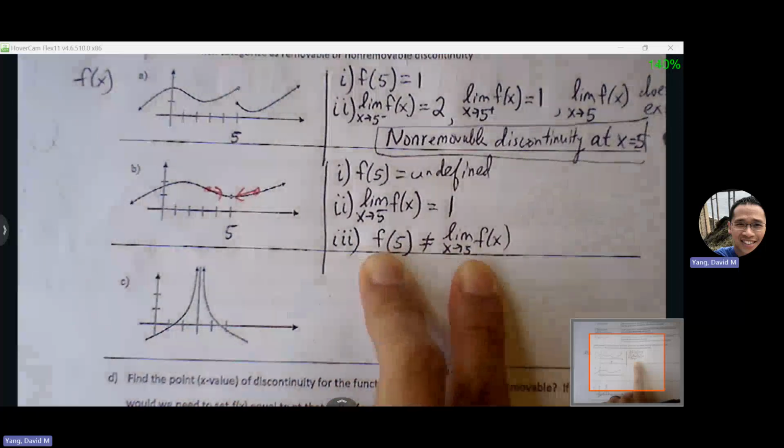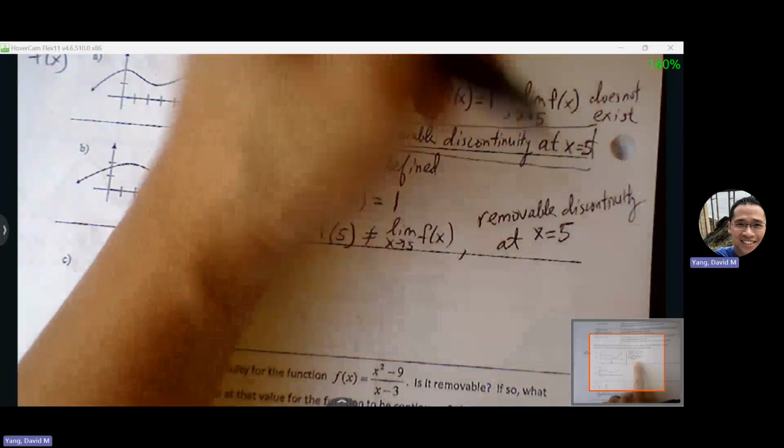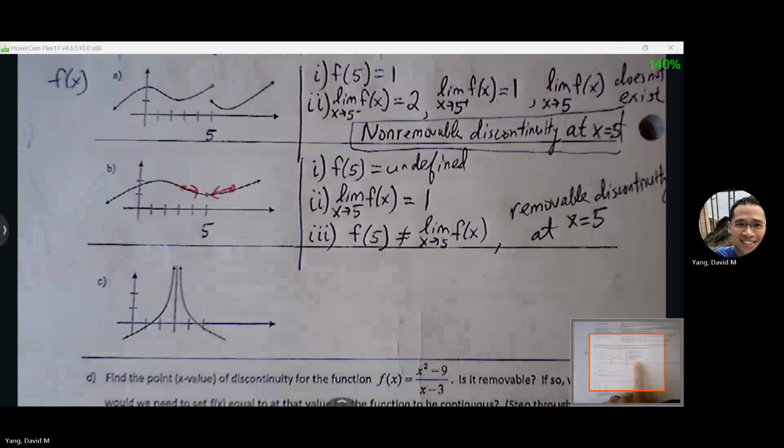This is a strong enough statement to indicate that, therefore, we have a removable discontinuity. Don't forget that you're specifying the location of your discontinuity.